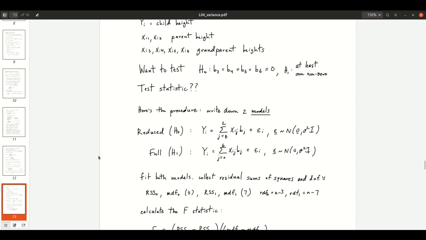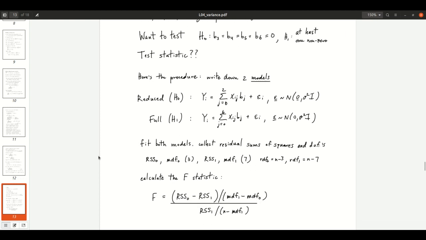Okay, so here's the procedure. We write down two models. The two models we call the reduced model and the full model. The reduced model is the model that is implied by the null hypothesis. So in this case, the null hypothesis is that all four of these coefficients are 0.